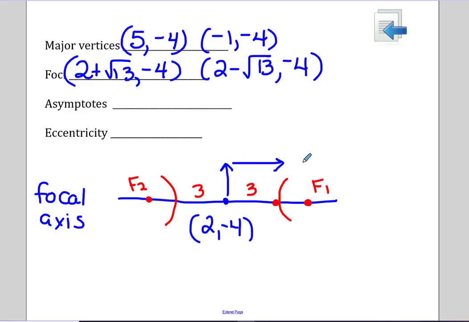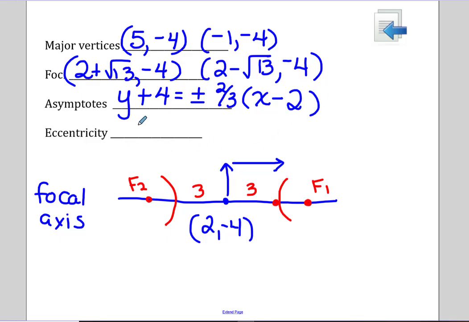See, the rise over run, because the b value was 2. So our asymptotes would be y minus k, and k was -4, equals the slope in both directions. So that would be rise over run, 2/3, times x minus h, and h was 2.